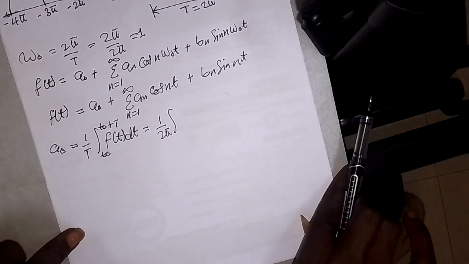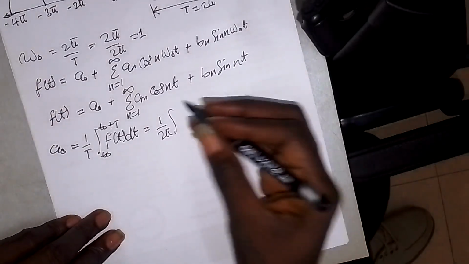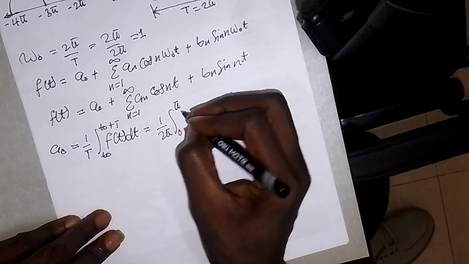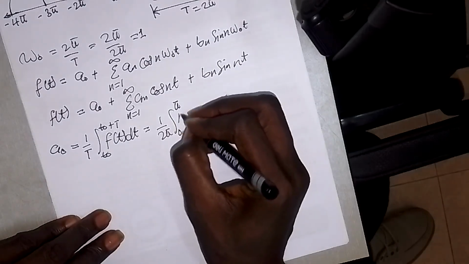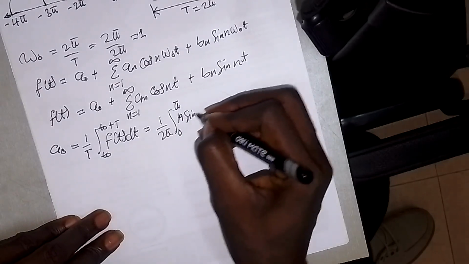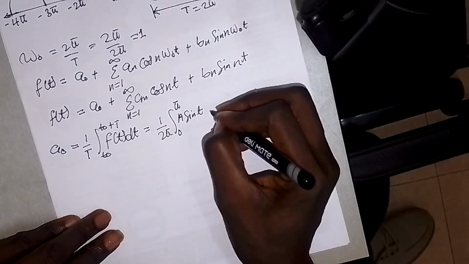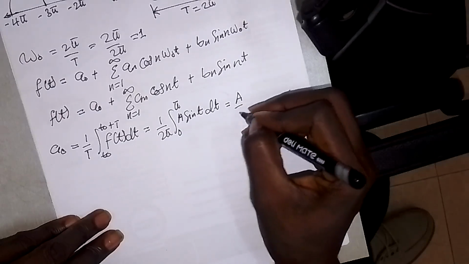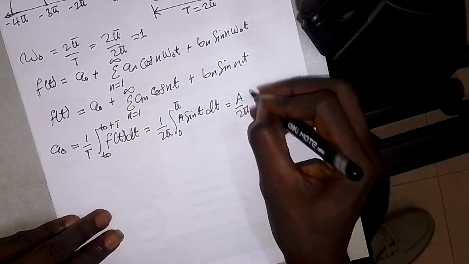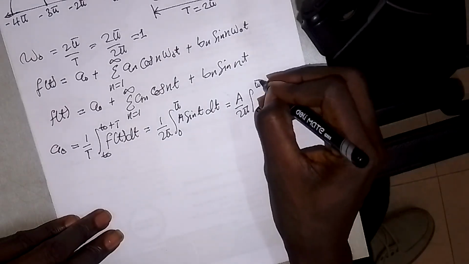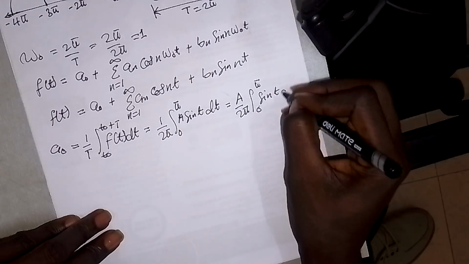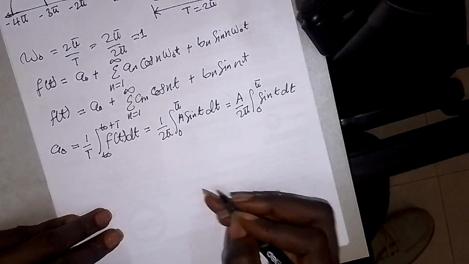So if I set my limit from 0 to pi, then I'll have the integral from 0 to pi of A sine t dt, which is equal to A over 2 pi times the integral from 0 to pi of sine t dt.